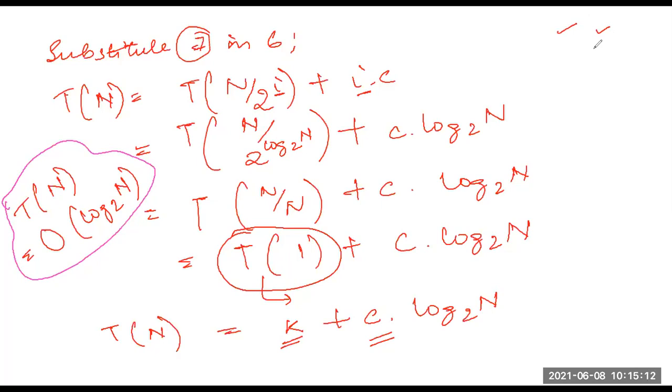For that reason, I wanted to show you how the professors or the scholars have derived this complexity. Maybe in your exam, one objective question will come, what is the worst case complexity.